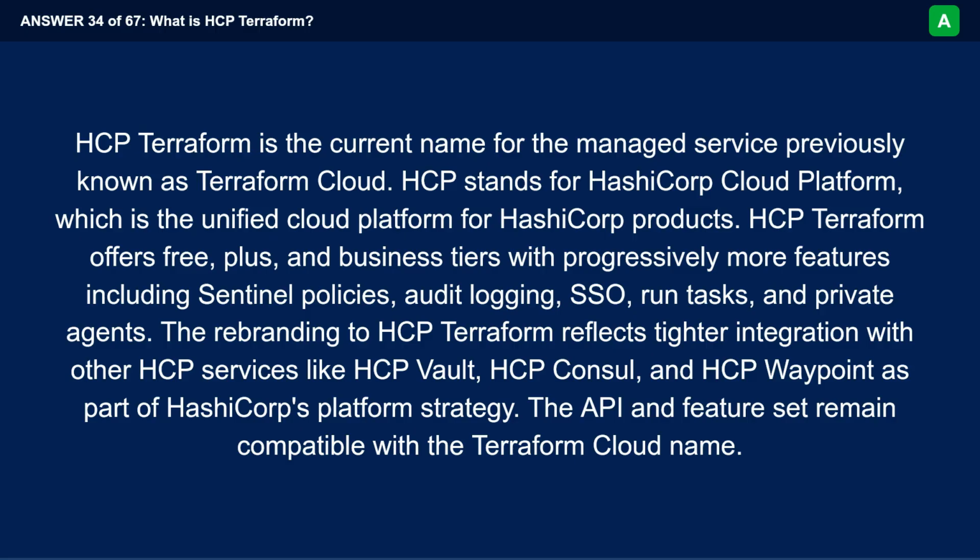The rebranding to HCP Terraform reflects tighter integration with other HCP services like HCP Vault, HCP Consul, and HCP Waypoint as part of HashiCorp's platform strategy. The API and feature set remain compatible with the Terraform Cloud name.